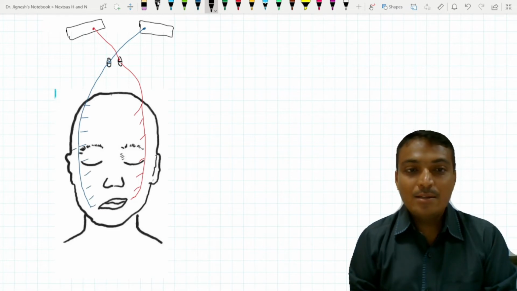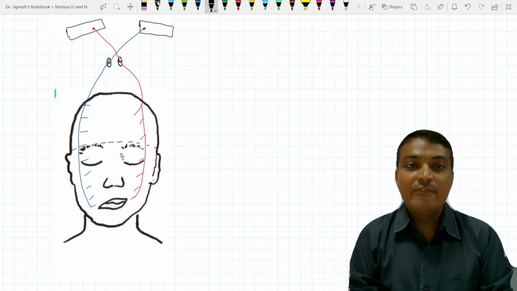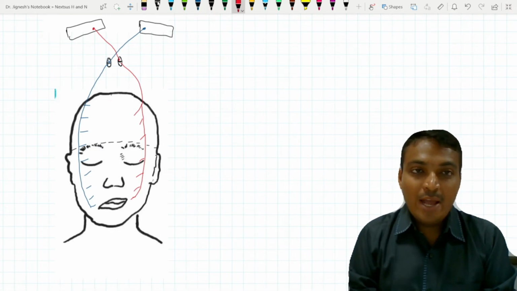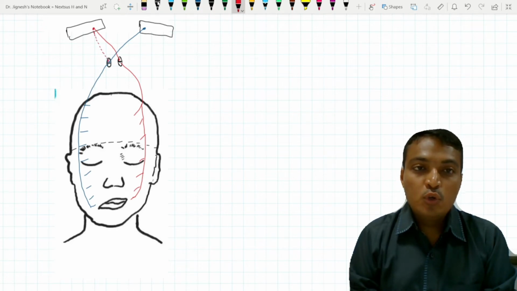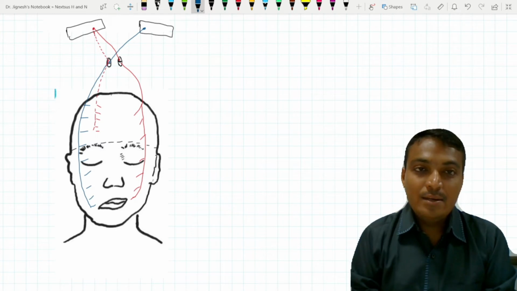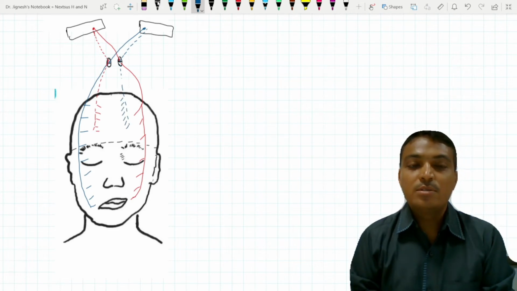But along with that, this forehead area of the face, or we can say the upper half of the face, is also represented by the fibers of the unilateral side. So this fiber is also going to supply this upper part of the face, while on this right side, these fibers are also going to supply the right sided corticonuclear fibers.